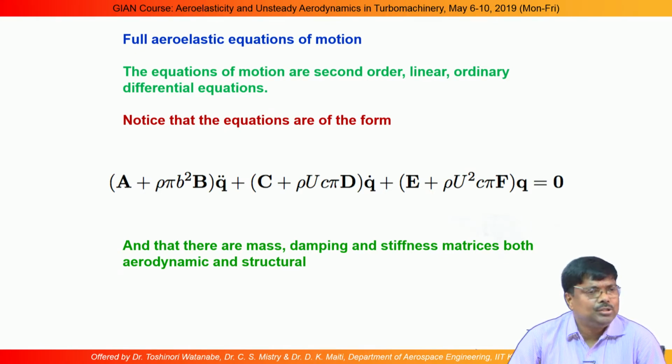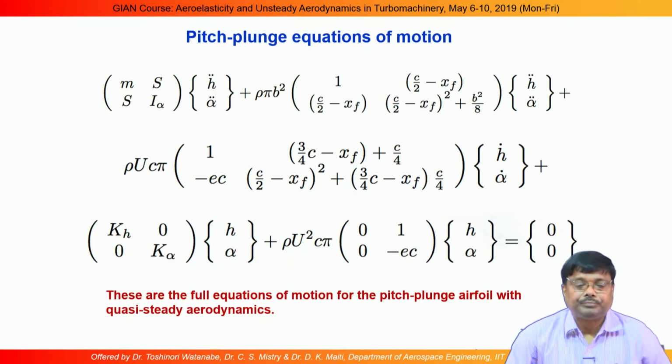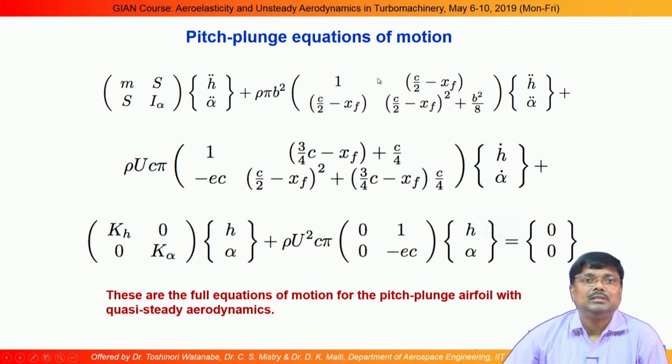It is similar to buckling or normal mode analysis, vibration analysis, where right hand side is equal to 0. But if the right hand side is non-zero, then we can get a definite value of displacement. Let us proceed. Finally, if I take all these values and rearrange them, this is the structural mass, this is the aerodynamic mass, this is entirely aerodynamic damping, structural stiffness and aerodynamic stiffness.